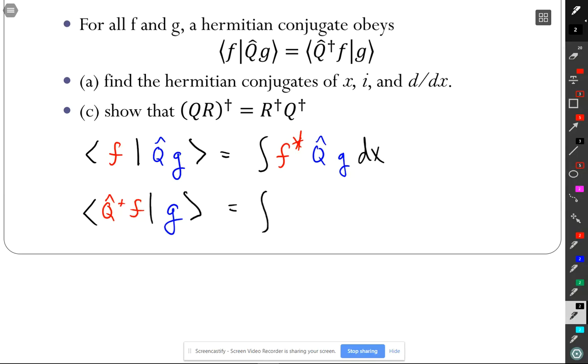Now notice I didn't show my limits. My limits should be over all space, so it should be minus infinity to plus infinity. I'm being a little lazy, so just make sure you're aware that these do have set limits. What does it translate to?